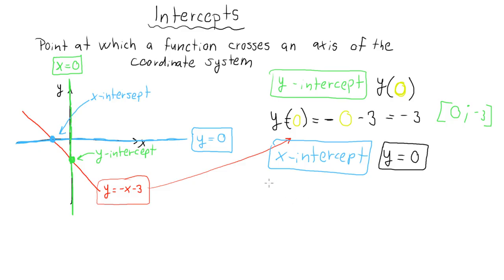So let me write down my function in red, okay, minus x minus 3, and then we add an equals 0. Now, the easiest way to find x that satisfies this equation is by simply taking it and putting it on the other side of the equation. Now, let's show it in a proper fashion.